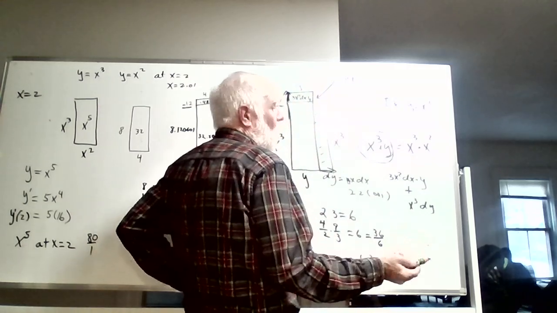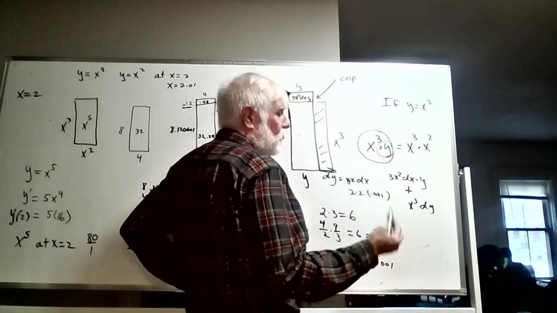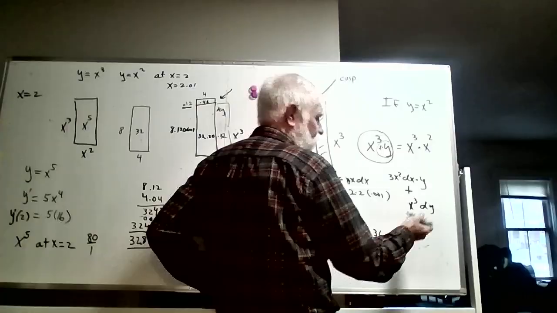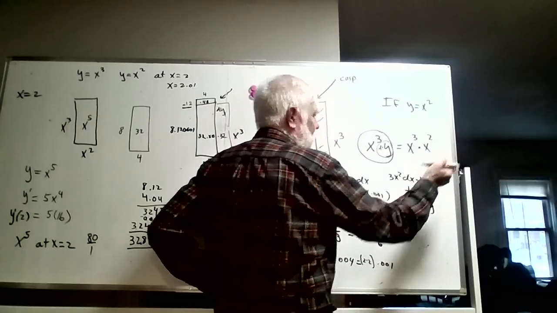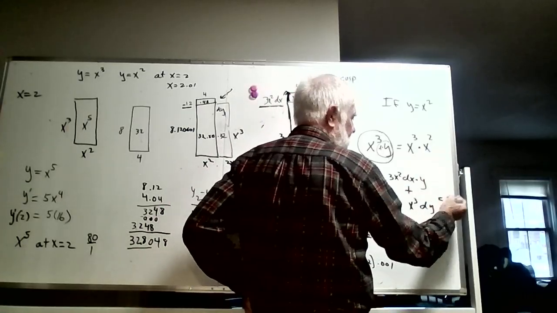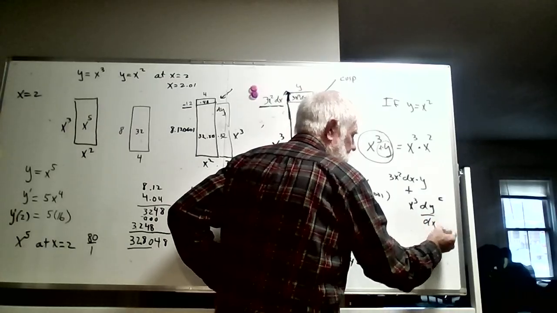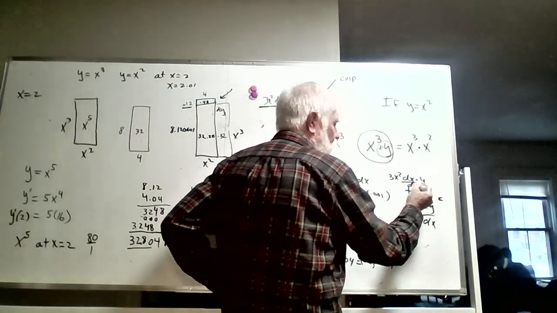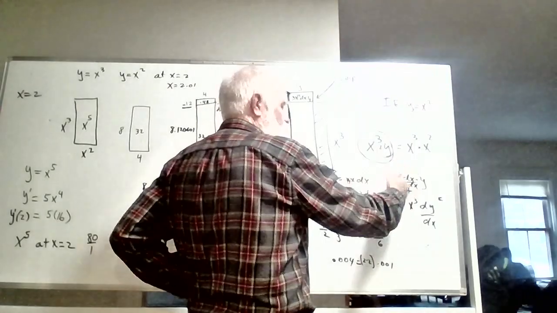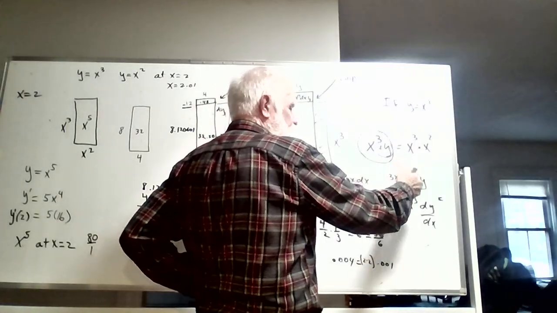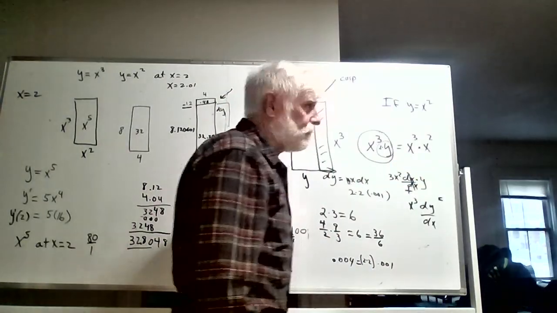Okay, now how do we create y prime? Well, we have to divide both sides of an equation by dx, and I don't have the other side here. So if I divide by dx, and I divide by dx, then when I'm working with the changing function in terms of x, I get a cancellation.